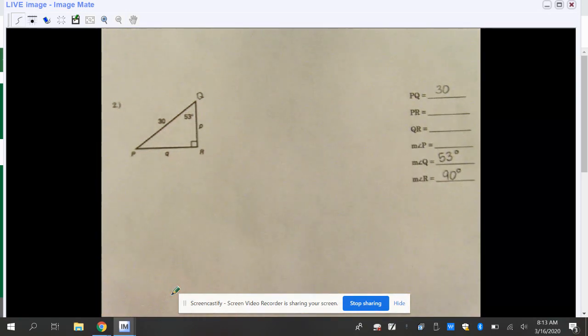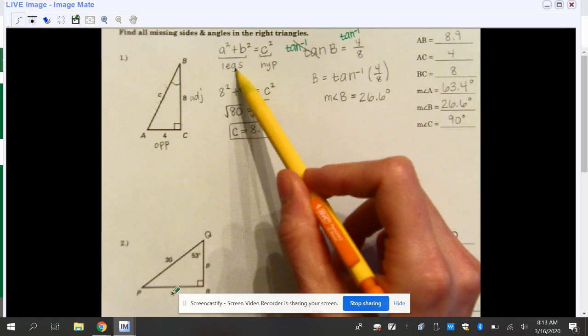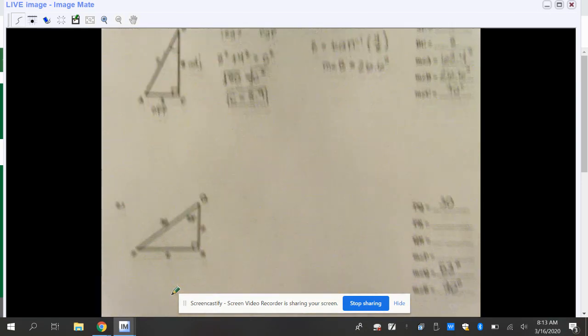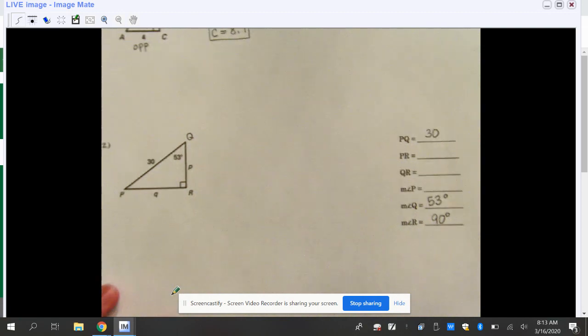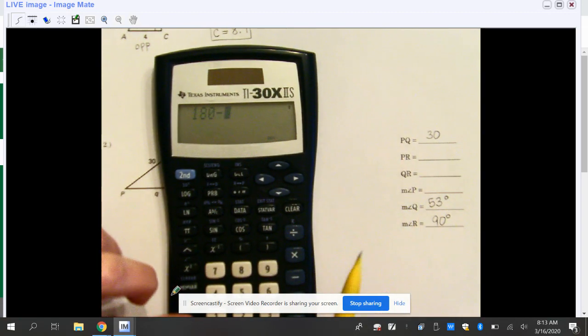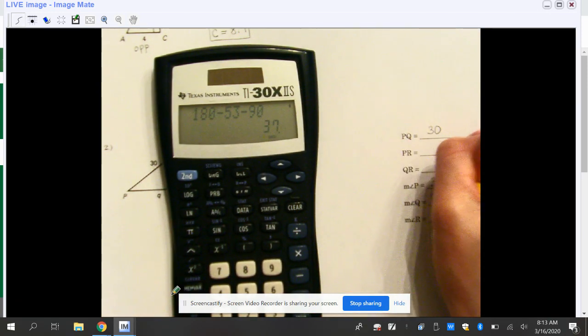Okay, so like here, when we knew 2 out of the 3 sides, we pulled in information that we had already known to find the other missing side. Now we know 2 out of the 3 angles, so we can easily find that third by subtracting both from 180. So the measure of angle P is going to be 37 degrees.